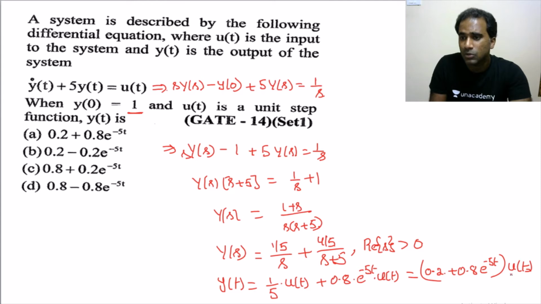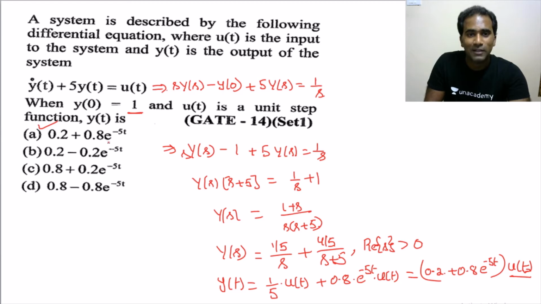The exact answer is more appropriate with u of t, but since u of t is not in any option, you can assume it is present. So you can compare and pick the option: 0.2 plus 0.8 times e power minus 5t.